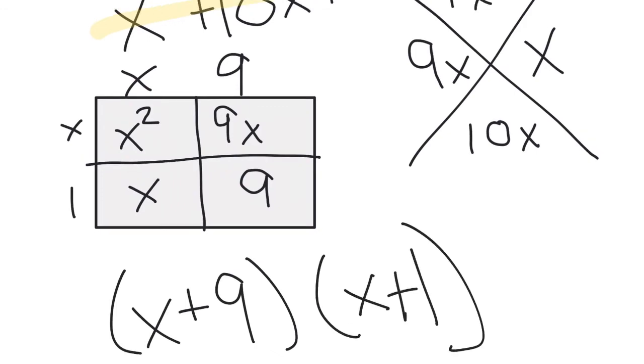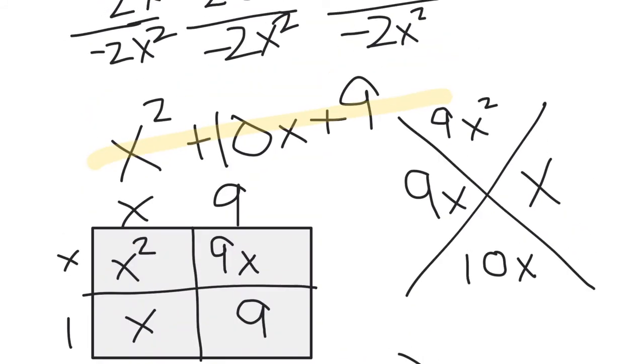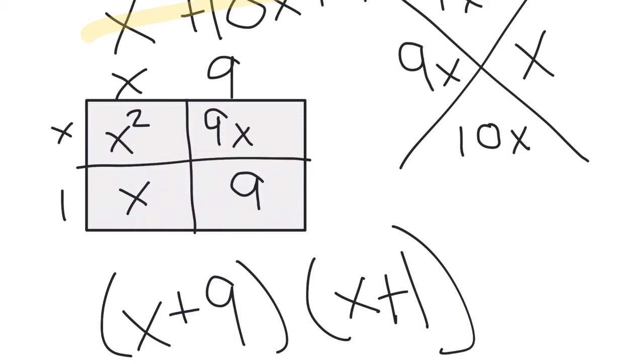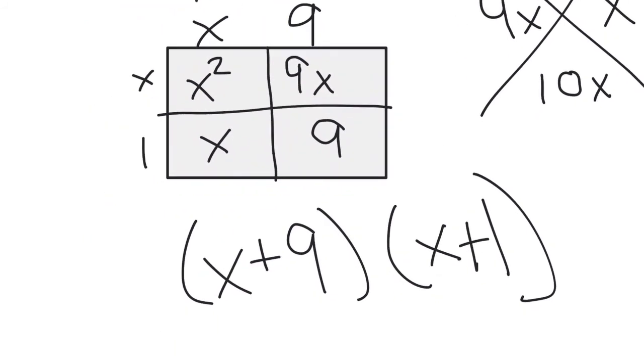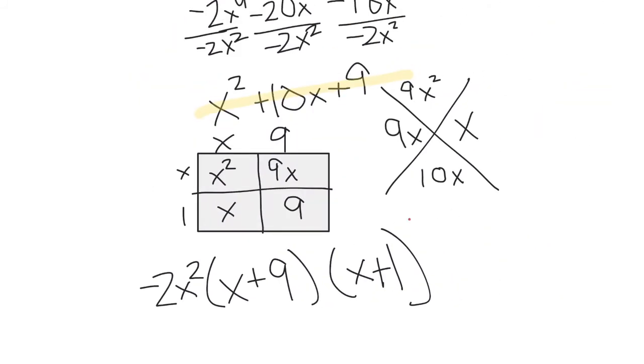But now we have to remember that we took out negative 2x to the second from the top, so we now need to put that in front. And there you go, there you have your fully factored function.